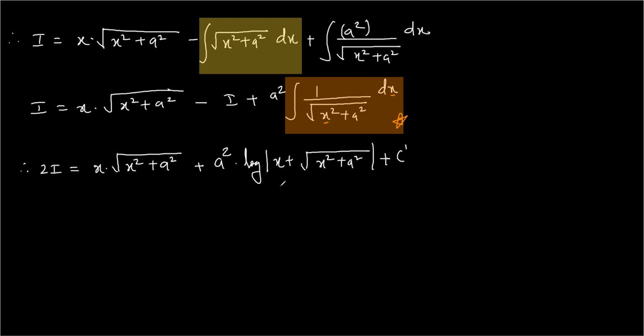I'm writing c dash because this is not I, this is 2I. So the next step, I will divide throughout by 2, which will get me c dash by 2, and then finally I will write c for that.